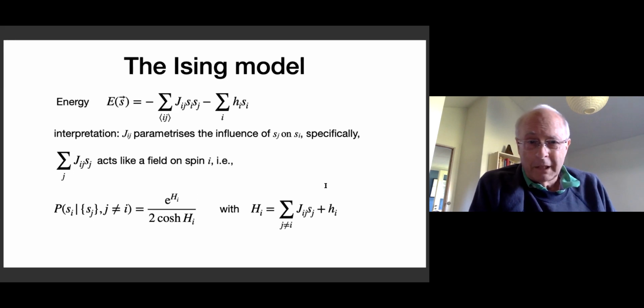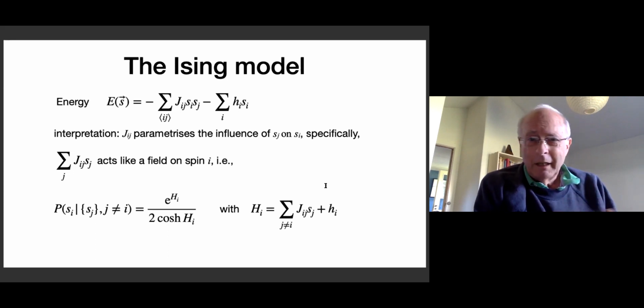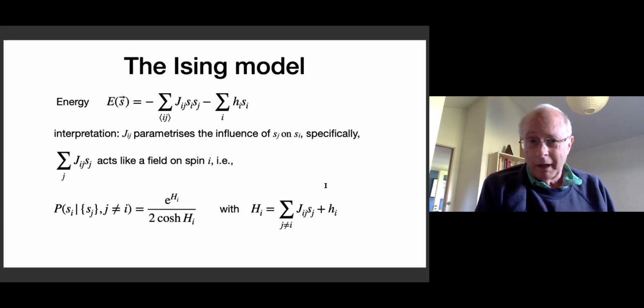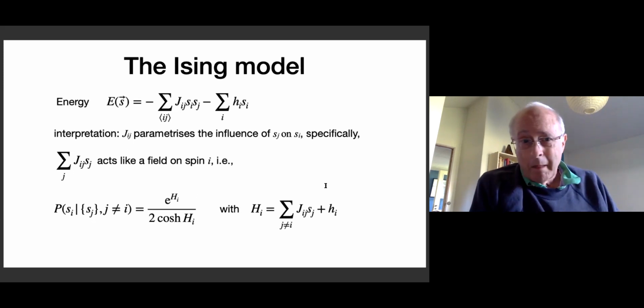And the first term, the sum of J_ij S_i S_j, the meaning of that is that the parameter J_ij tells you how strongly S_j influences S_i, and in this case, also vice versa. If the J's are positive, and say S_j is also positive, then the field is positive, and that favors S_i being in the same direction as S_j.